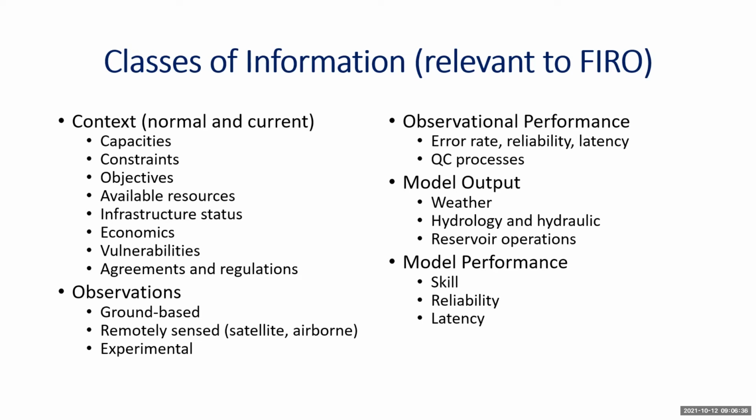Context is really important for almost everything that we do. If you get information without context, you don't really know what to do with it. The sorts of contexts that are important for forecast informed reservoir information are what is normal, and what the current conditions are with respect to capacities.